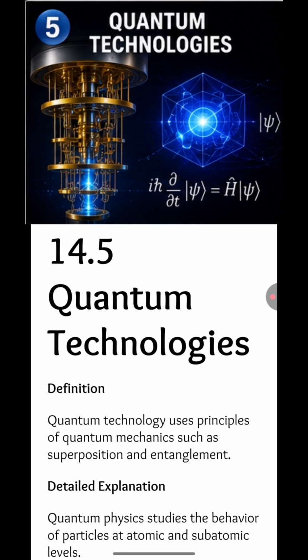Next topic is quantum technologies. Quantum technology uses principles of quantum mechanics such as superposition and entanglement.